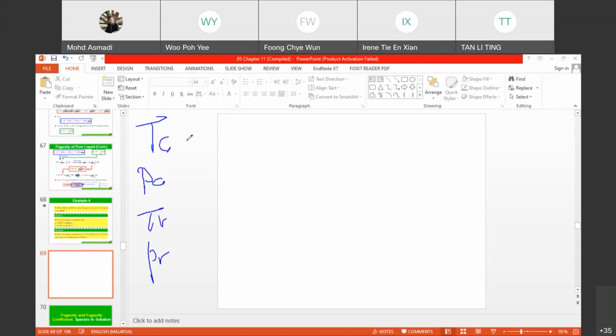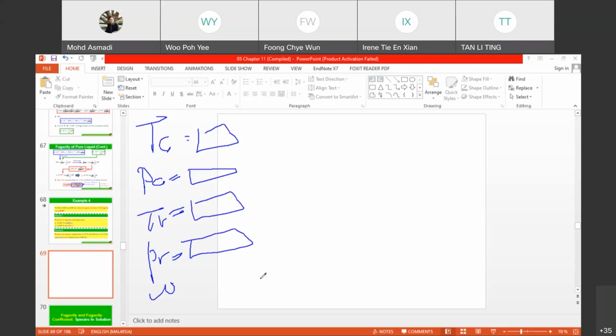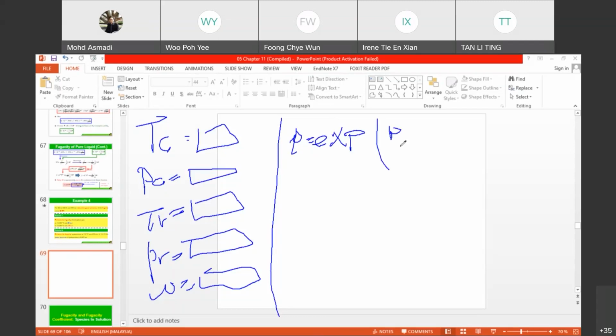Once you determine this one, omega, and then phi, the fugacity is the exponent of PR divided by TR, B naught plus omega B prime.